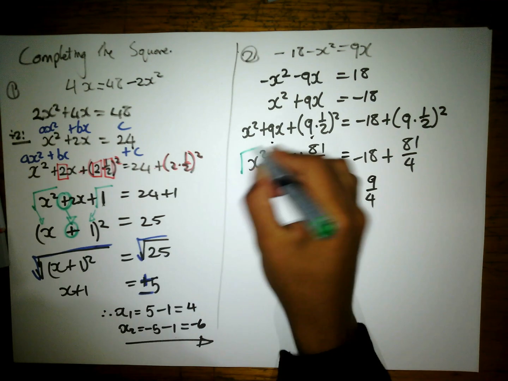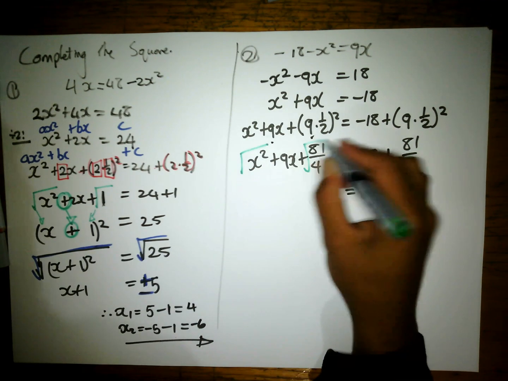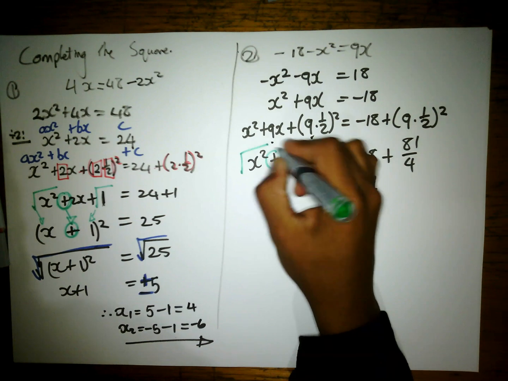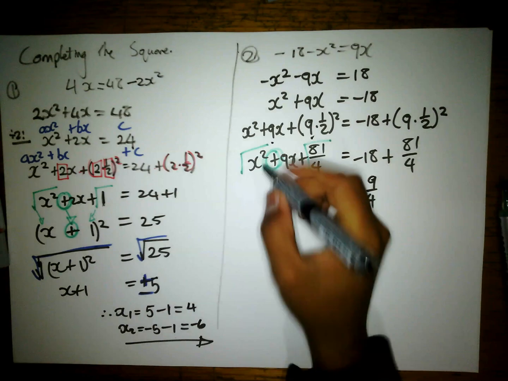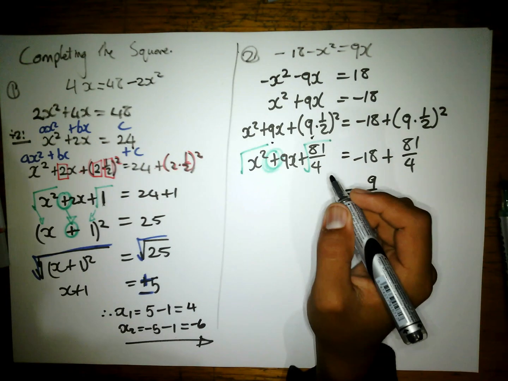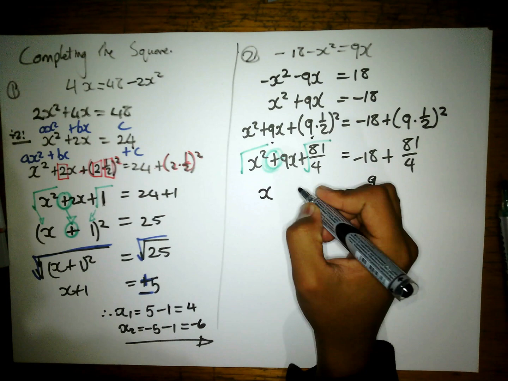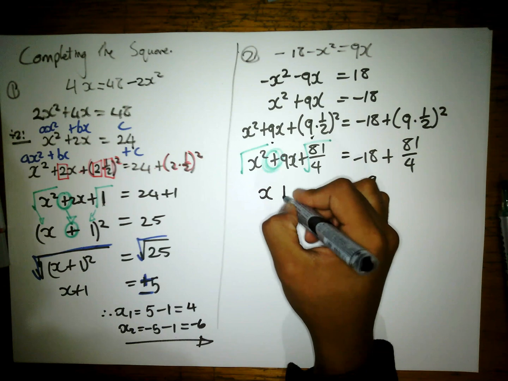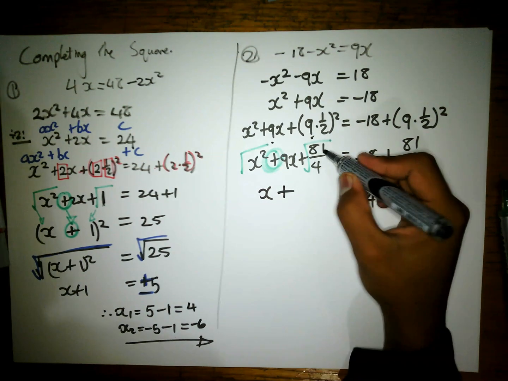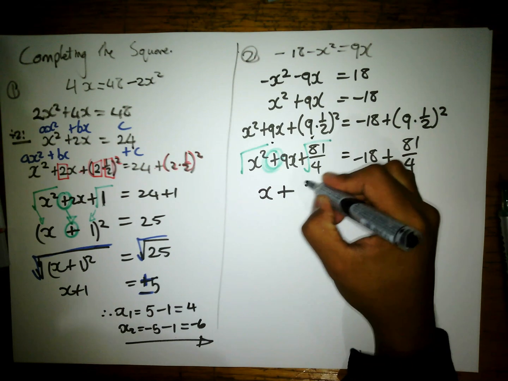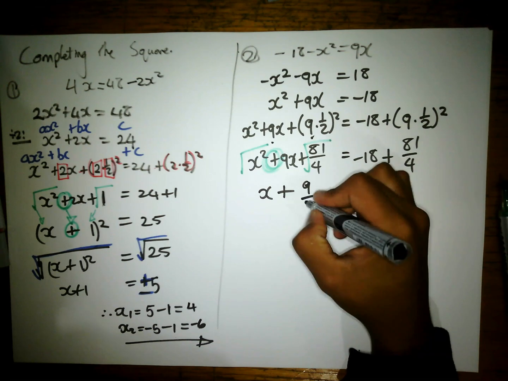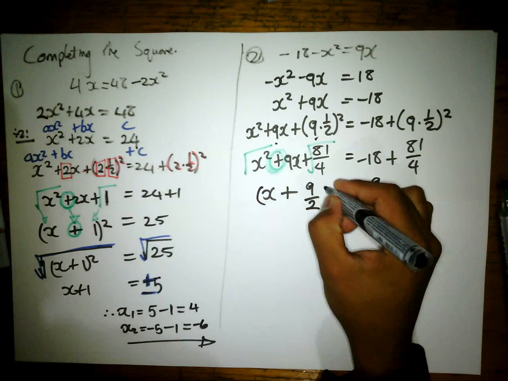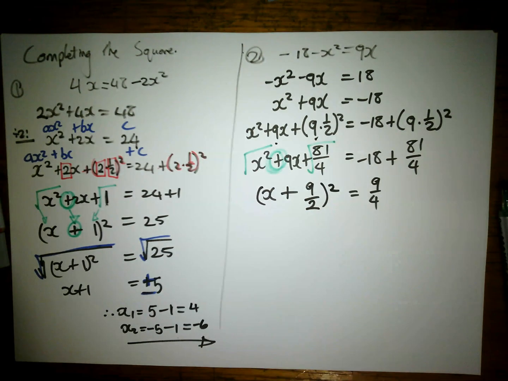We square root this one, and we bring down the sign. So square root of x squared is x. The sign we bring down is a positive. Square root of 81 is 9. Square root of 4 is 2. And then this is in brackets squared.